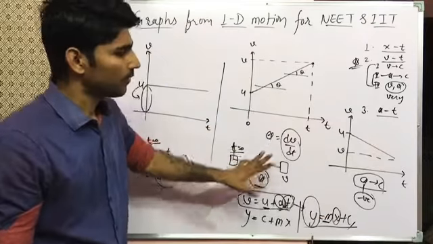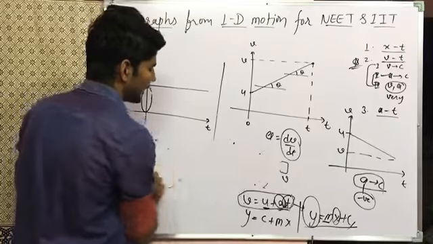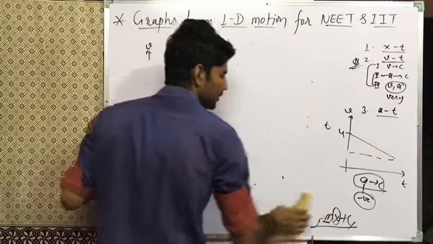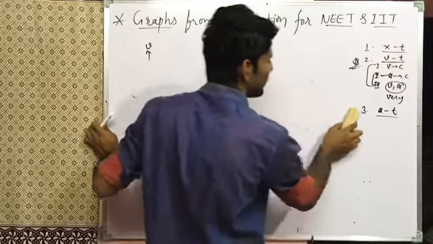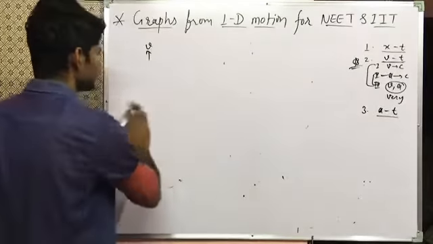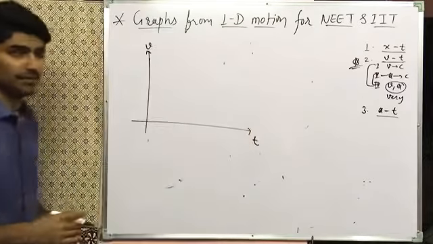So here we have taken two cases, and next we take the third case in which we have variable acceleration and variable velocity both. Here this is the time axis, this is the velocity axis.